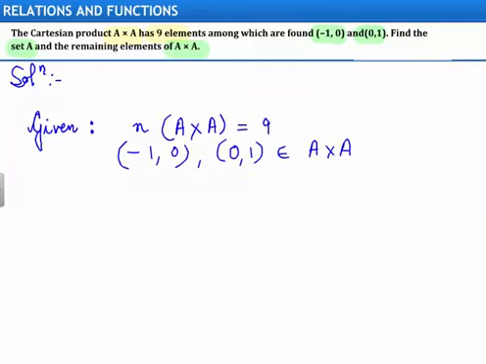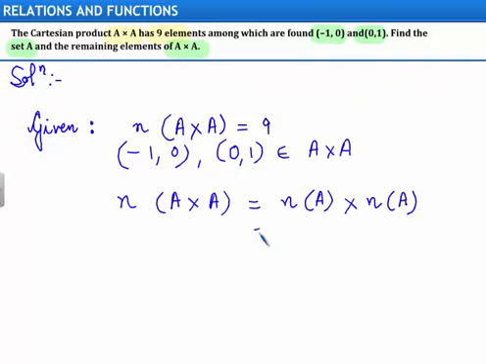It is given that the Cartesian product A cross A has 9 elements, which means that n of A cross A is equal to 9, and also it is given that (-1, 0) and (0, 1) are the elements of the Cartesian product A cross A. Now, n of A cross A is equal to n of A multiplied by n of A. That is equal to n of A whole square.